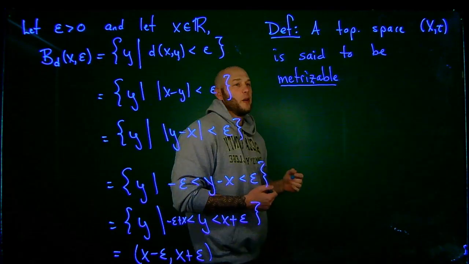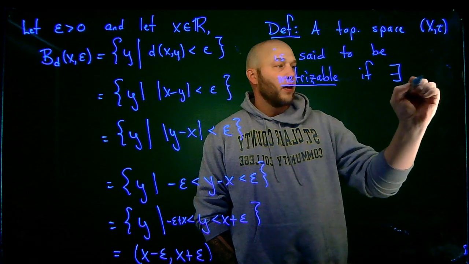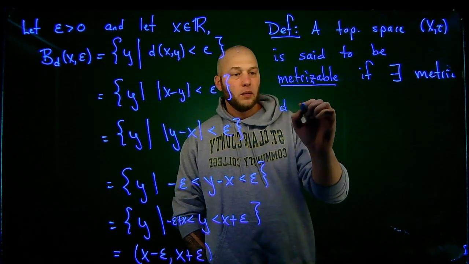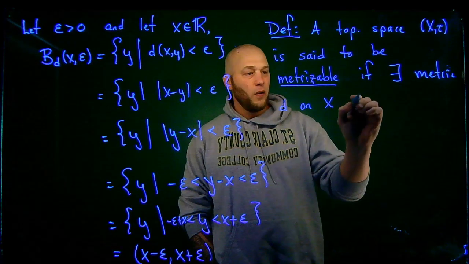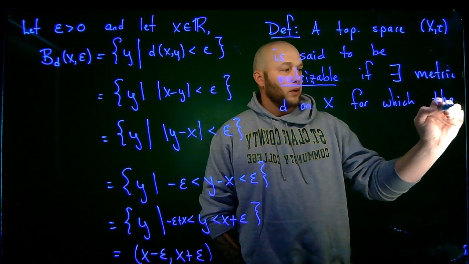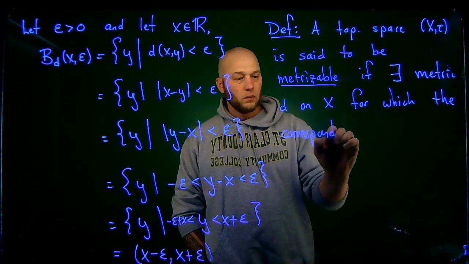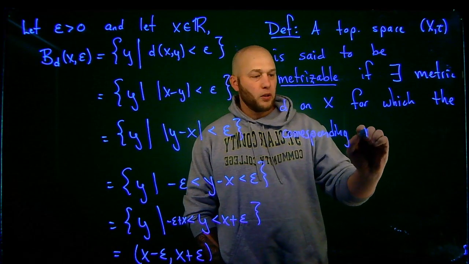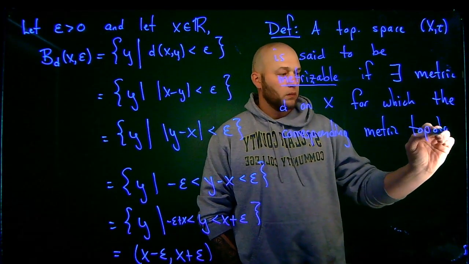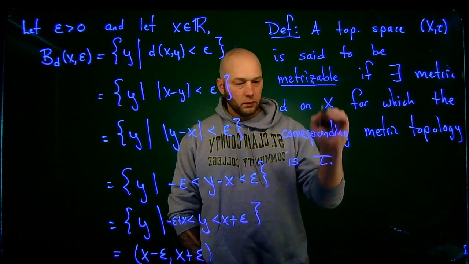So a topological space is said to be metrizable if there's a metric D on X for which the corresponding metric topology is tau.